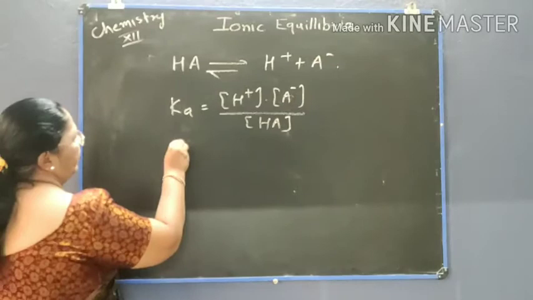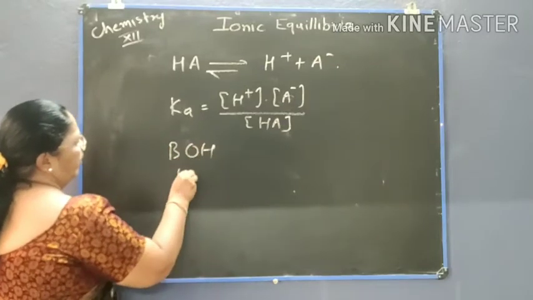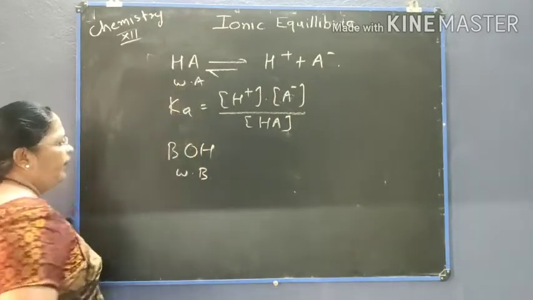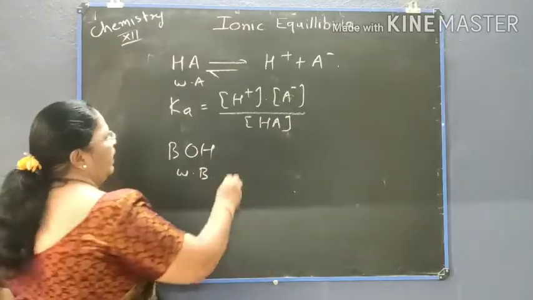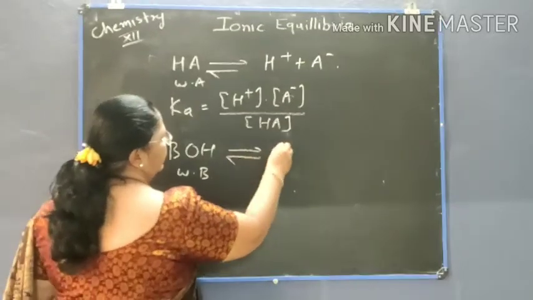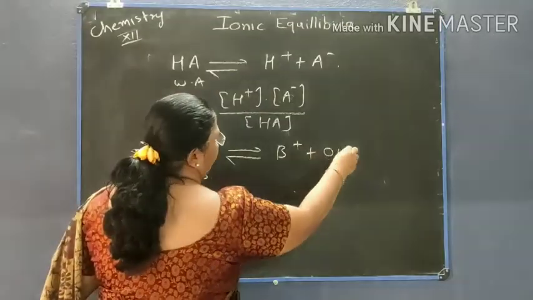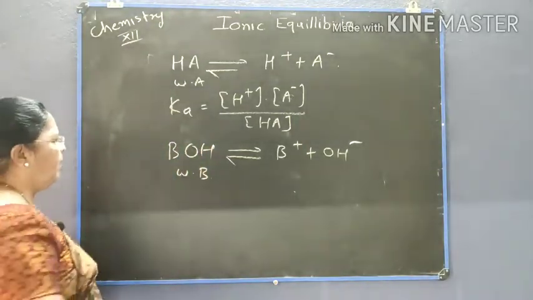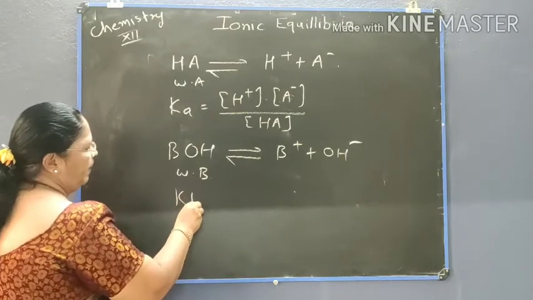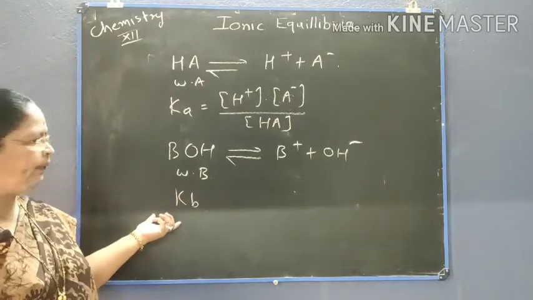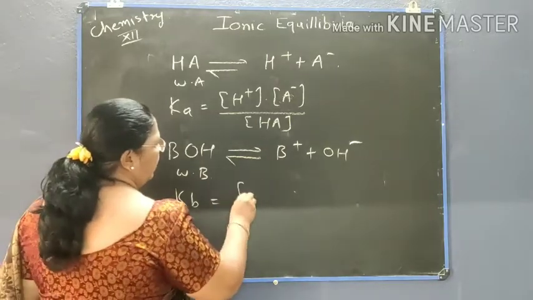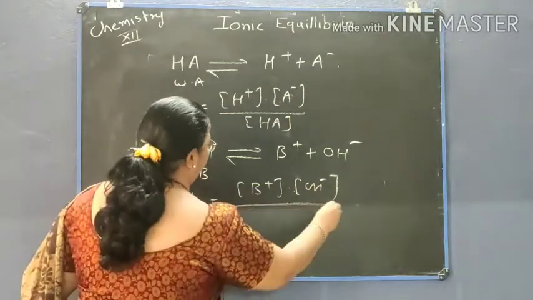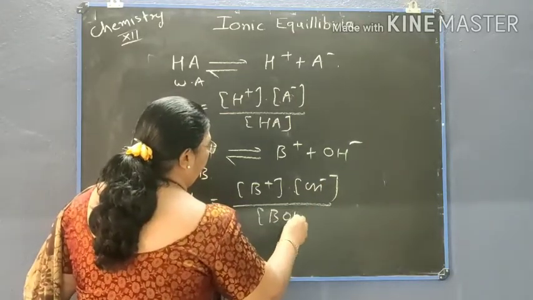Again we will see the weak base BOH. HA is the weak acid, and the weak base at equilibrium in aqueous media dissociates as B plus plus OH minus. Apply the law of mass action and you can write Kb, the dissociation constant for the weak base, is equal to the concentration of B plus times the concentration of OH minus divided by the concentration of BOH.